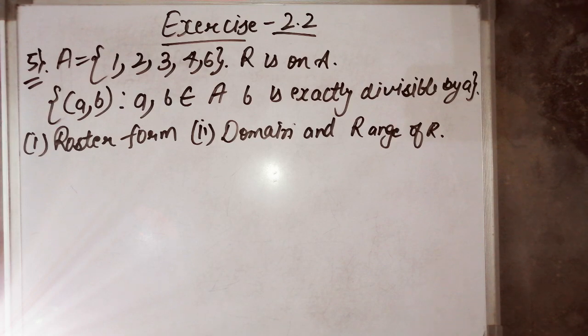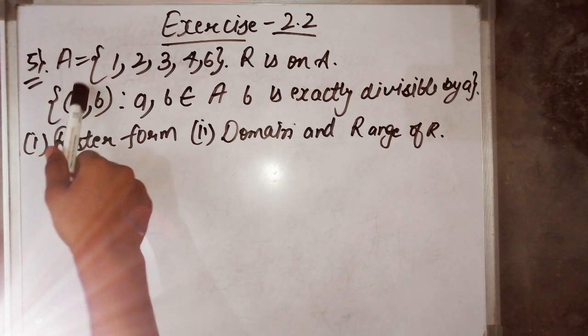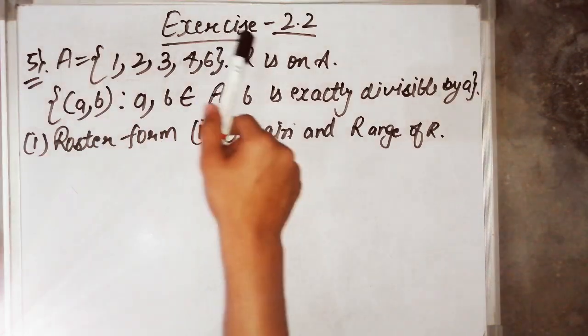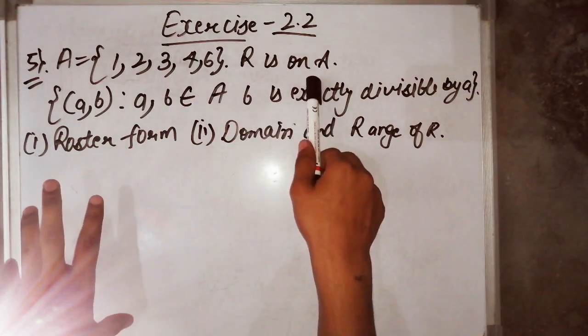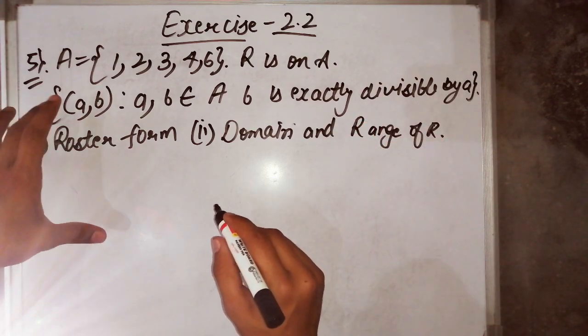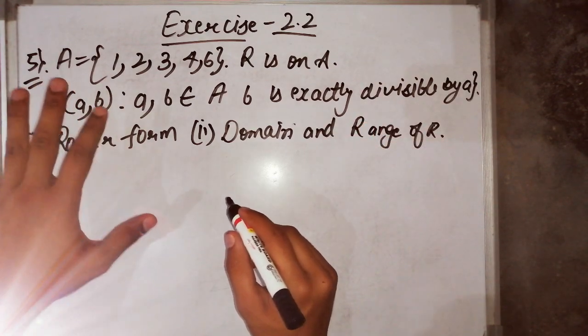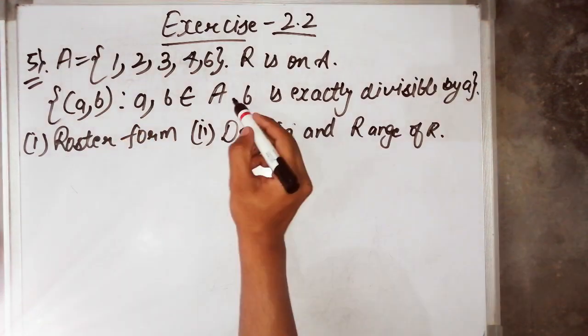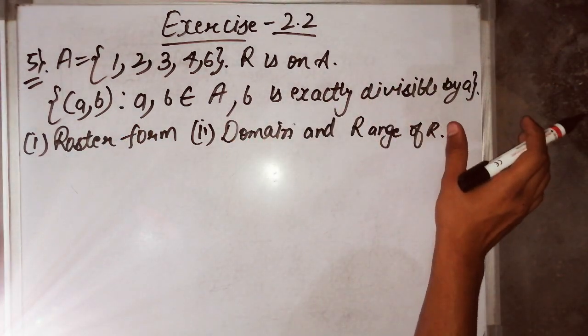Okay, now let's read out the statement which is given to us. A equals to 1, 2, 3, 4, 6 and R is a relation which is present on A to A, and the relation which is given to us is a b related to a and b belongs to A and b is exactly divisible by a.